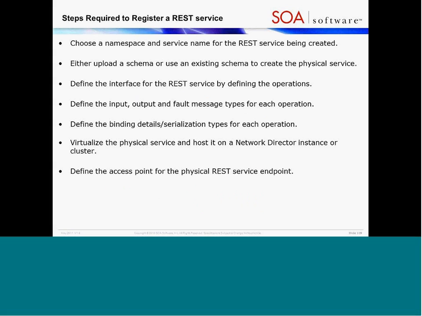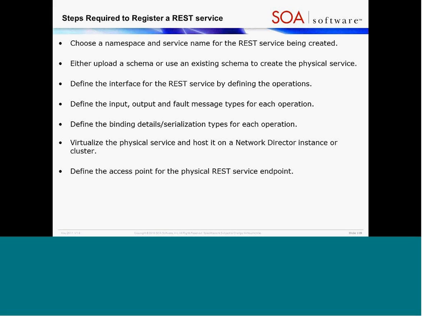So just like when we created our SOAP service, the first thing you have to do is start out and create a physical service. Once you create the physical service, then you can virtualize it. But as part of defining the RESTful service, you need to define your operations.